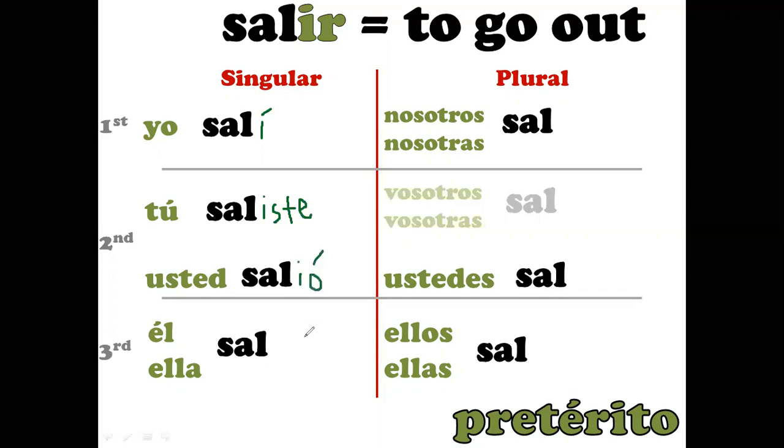Get that accent mark. Yo. Imos. Isteis. And ieron.